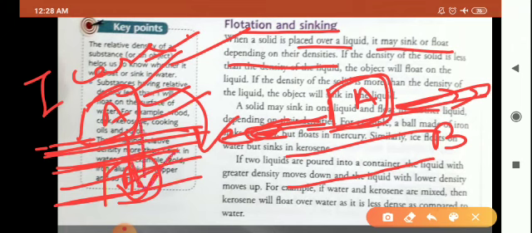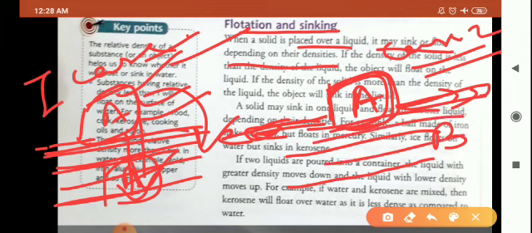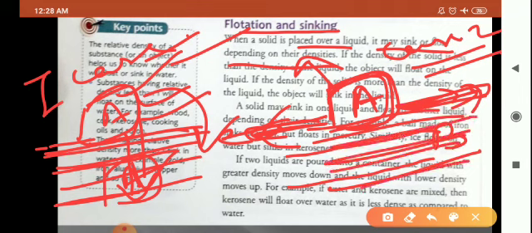Whereas in the second case, if we take the same object A over another liquid, the object is not sinking but floating. Reason, here the density of the substance A is less than this particular liquid, and hence it is not sinking, it is floating over the surface of this particular liquid.